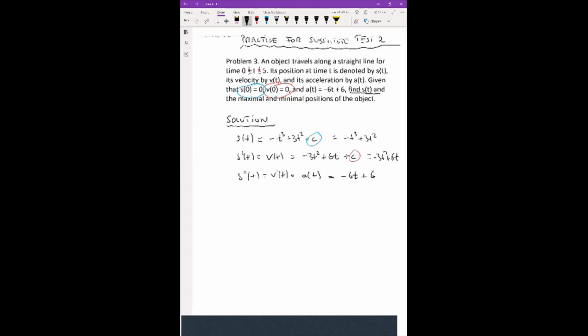And now you have to find the maximum and the minimum of the position for t between 0 and 5.